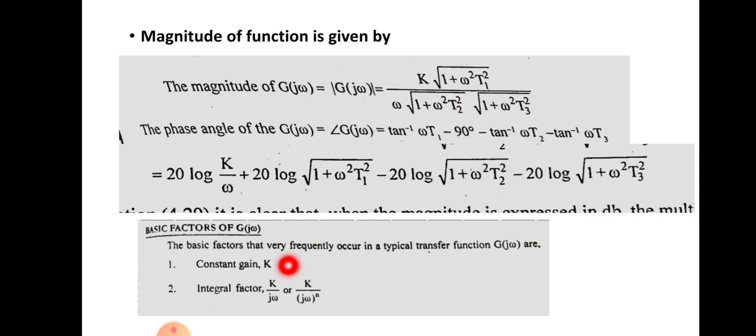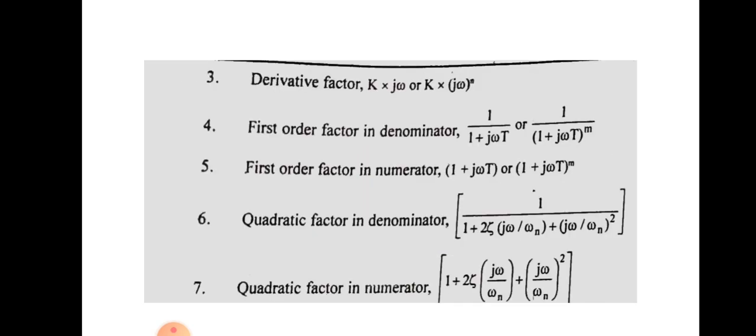So that is the integral factor k by j omega or k by j omega raised to n. That means sometimes there will be j omega square or j omega cube like that. So we are considering it as a single case. The next factor is the derivative factor, like k into j omega or k into j omega raised to n.